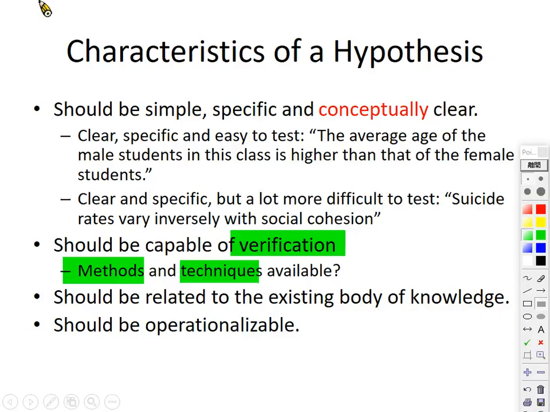Okay? And there's another issue: a hypothesis should be related to the existing body of knowledge. Why? Because we need to provide a reasonable explanation, right? When we say it's reasonable, it should be related to the knowledge you have. For example, look at that, the student over there is taking a nap right now.